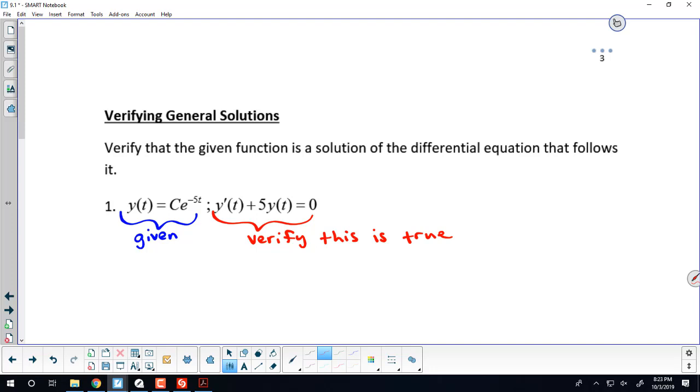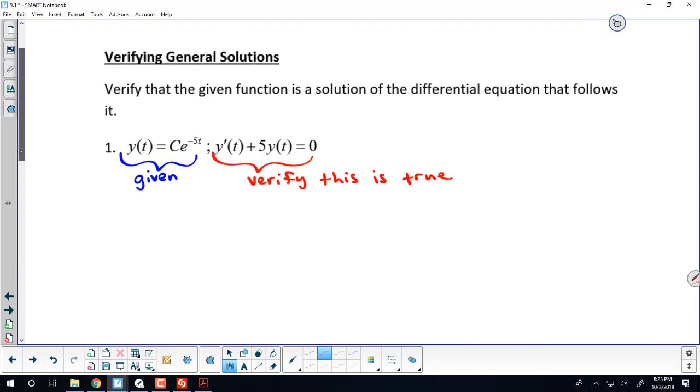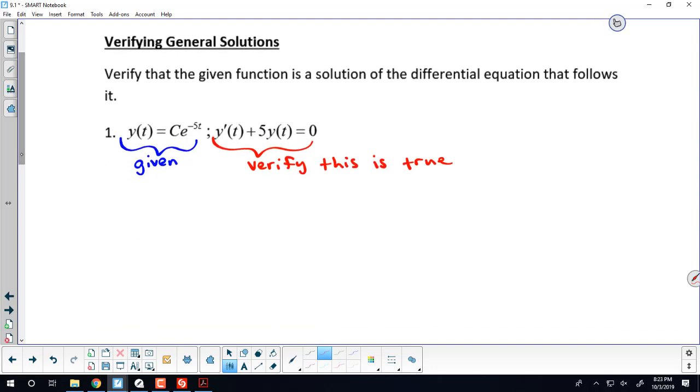This isn't really differential equations, it's more just calculus and algebra at this point. But in this way we can see how to actually tell if you have a solution to your differential equation.